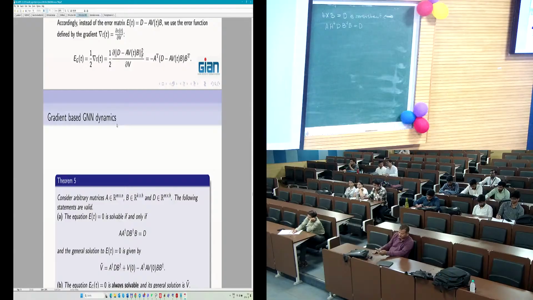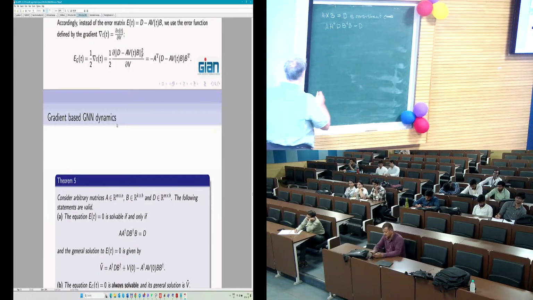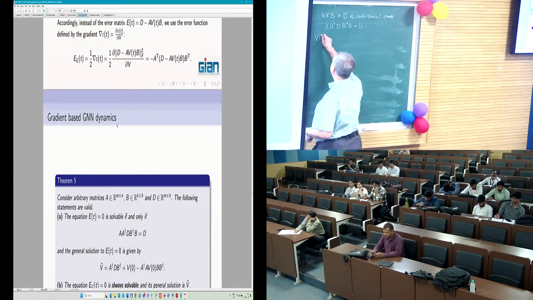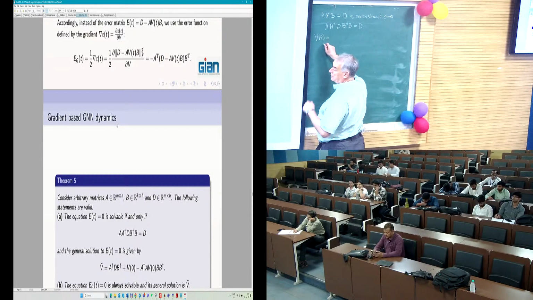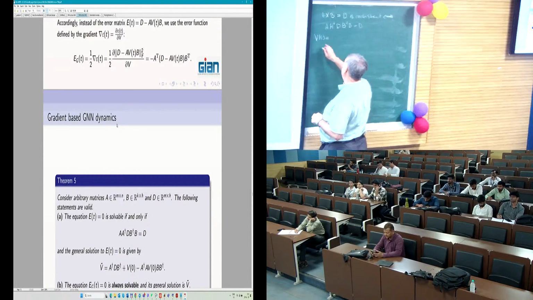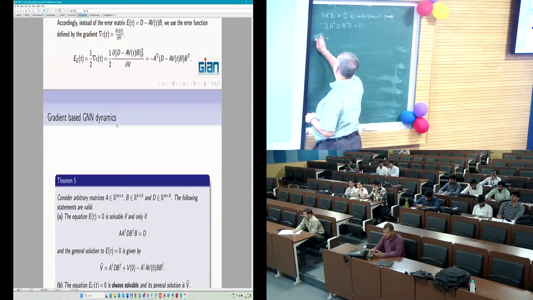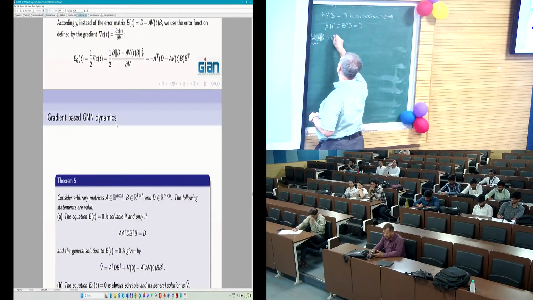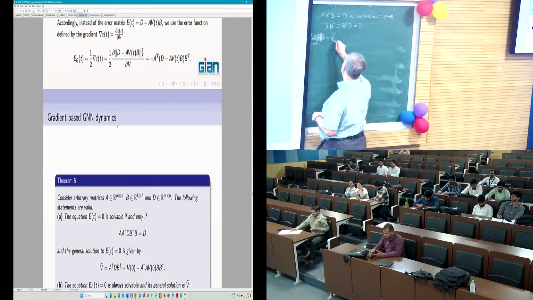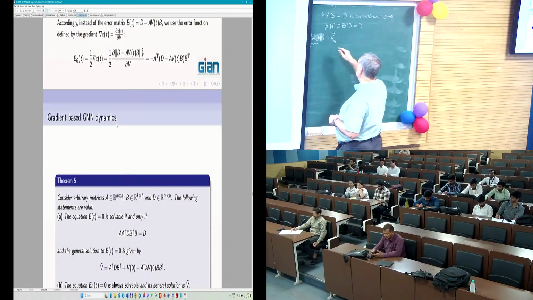And the general solution is given in the form V(t) equals the limit of V(t) when t tends to infinity, V tilde of V0. V0 means the result depends on the initial state.